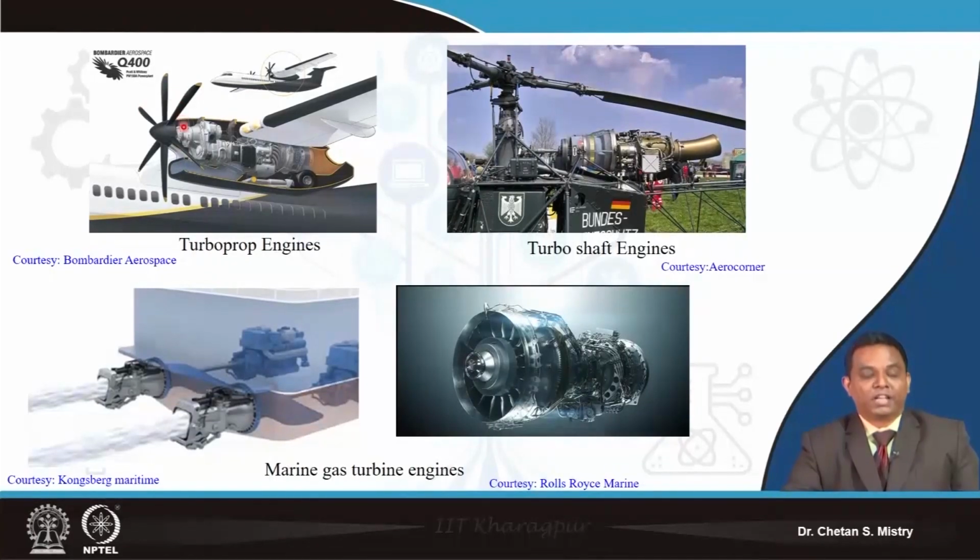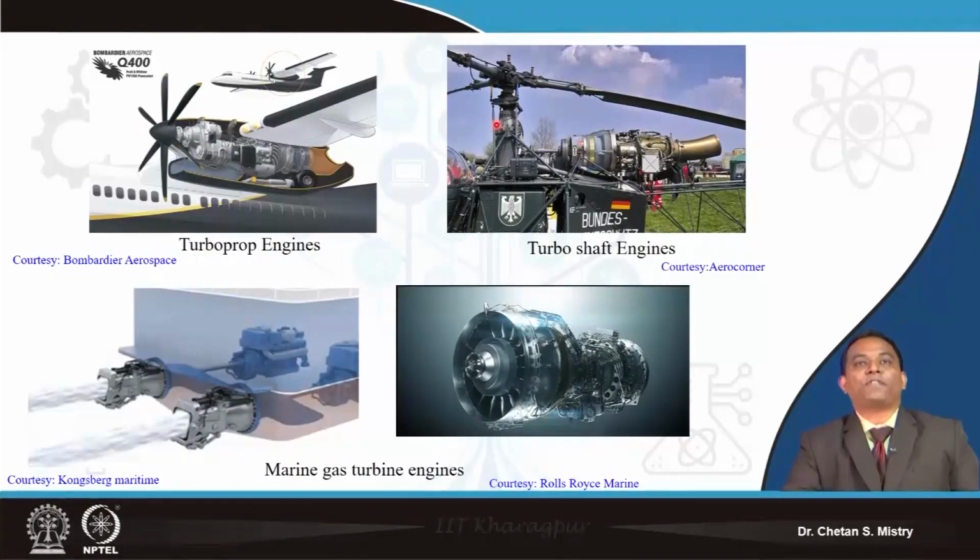Here the whole thrust is generated by the propeller. In order to rotate that propeller we need power, and that power is generated by your gas turbine engine. This gas turbine engine is similar to what we discussed for land based power plants. Here we have a power turbine that is used to rotate these propellers.